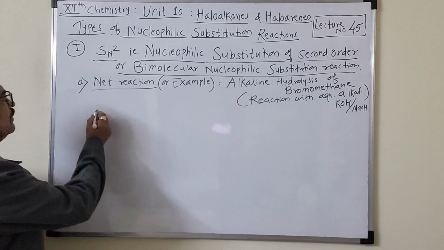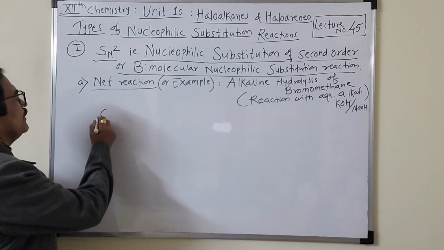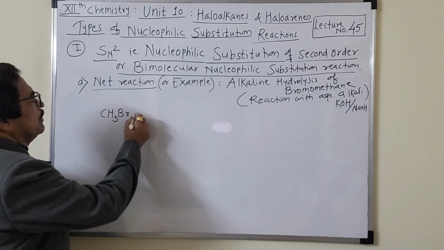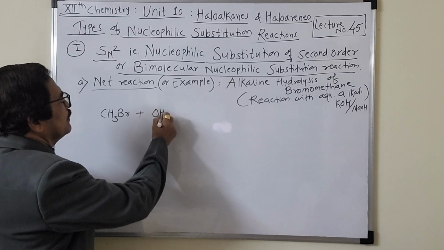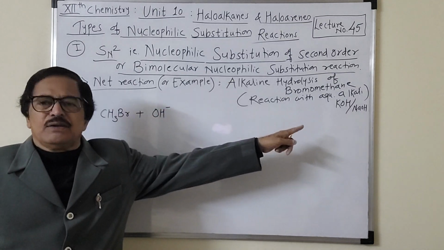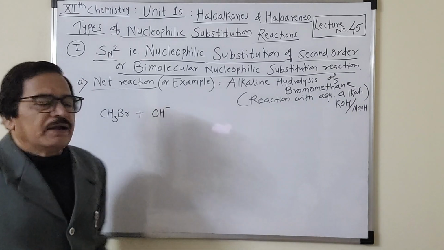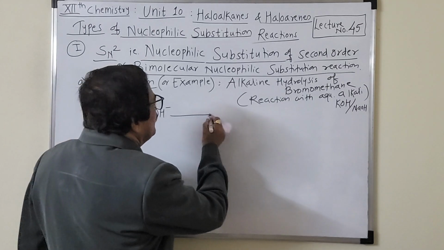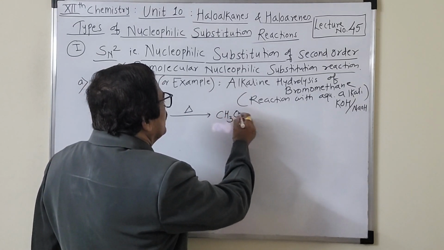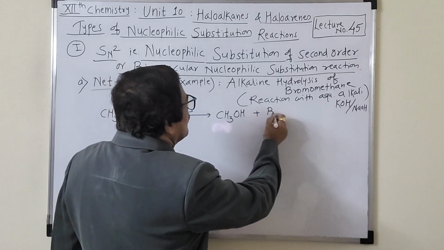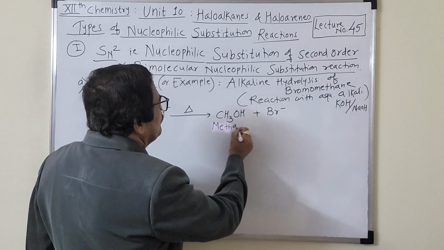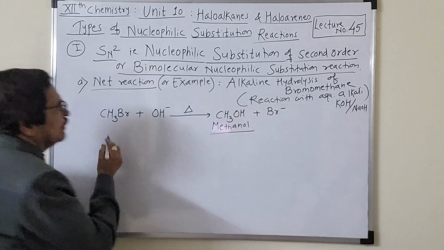Let us write the reaction. CH3Br plus OH minus. You may take that from KOH or NaOH. Now what happened there? When it is heated, you will get the product CH3OH plus Br minus. This is known as methanol, the poisonous alcohol.